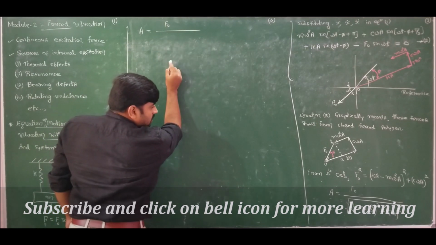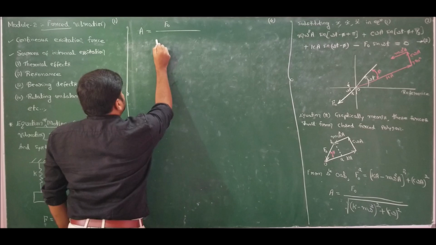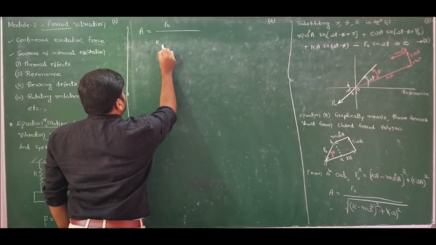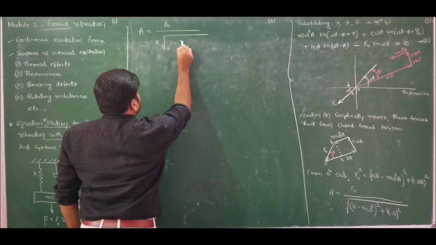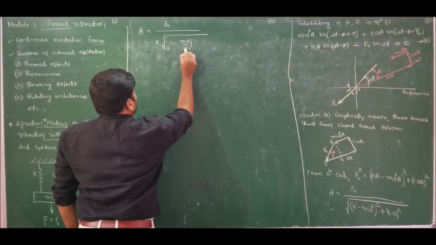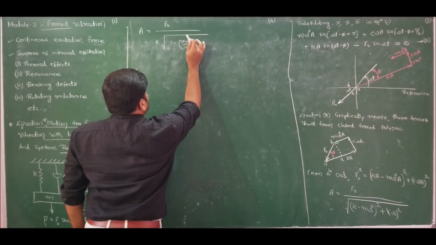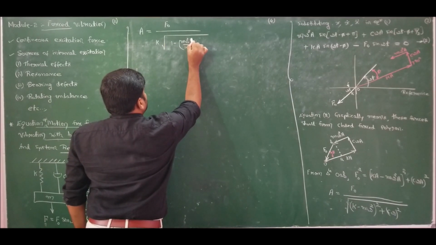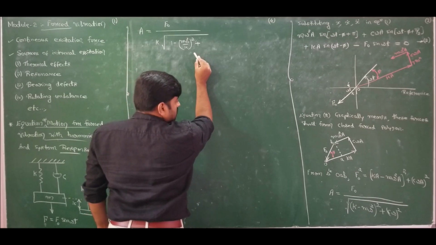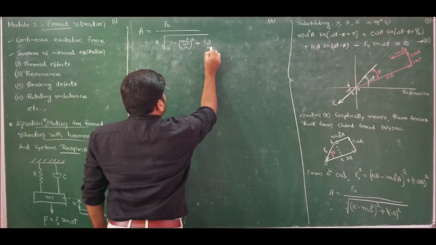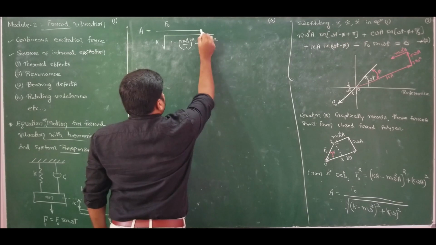Let me take K common. If I take K common, what will I get? Square root of 1 minus m omega square by K whole square, plus C omega by K square.